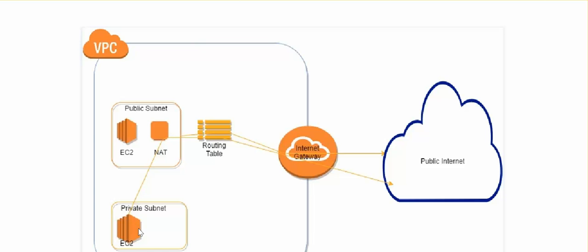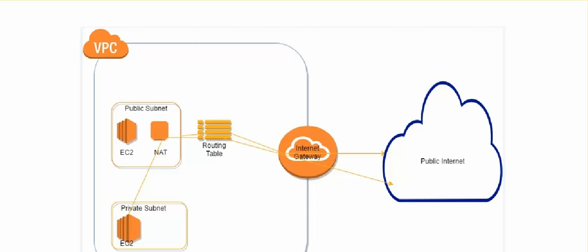So the connection to the internet can be established from the private subnet. But with this configuration, if I'm in the EC2 instance, I can connect to the public internet through NAT, but if I'm on the public internet and want to get into this EC2 instance, I cannot get into the private subnet through the NAT.